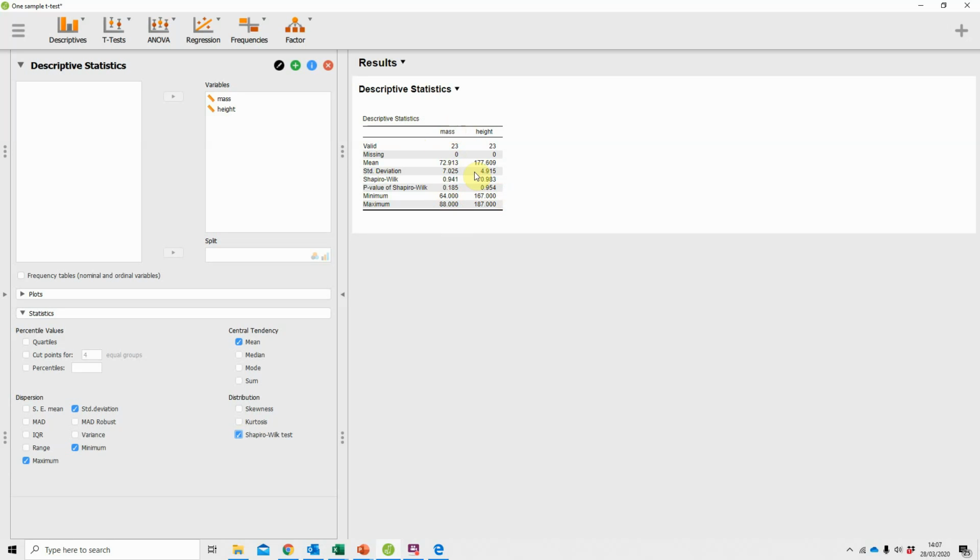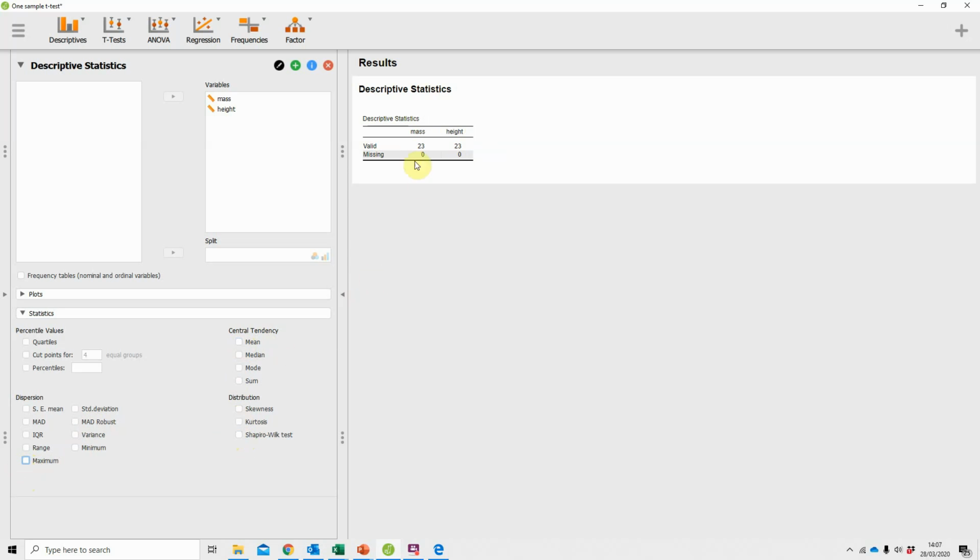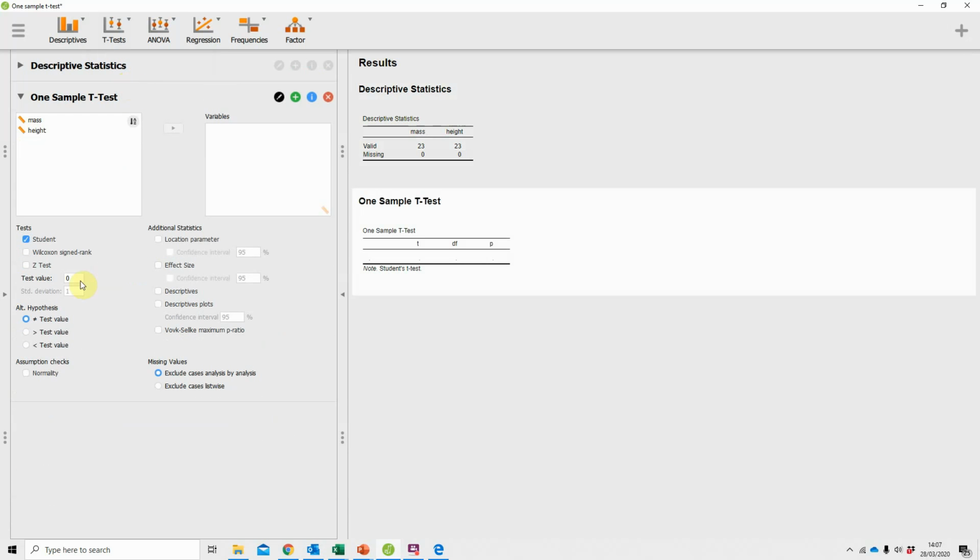For the sake of keeping the results window as small as possible, I'm just going to remove these values so that when we move to the next section, we can focus on the new information as it appears. A one sample analysis is listed under t-tests, and I should point out that even if the Shapiro-Wilk indicated that the data was not normally distributed, I would still head to the one sample t-test because the non-parametric equivalent is within this section.